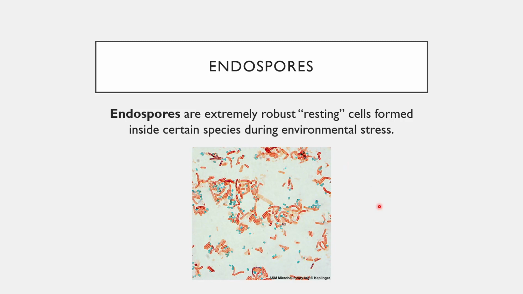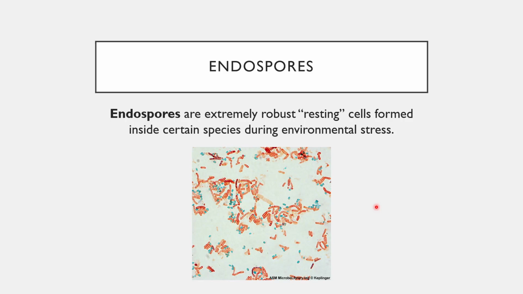As I said before, I like to call them the bacterial bomb shelters because they are tiny compartments that the cell synthesizes in order to store its DNA away and later allow that endospore to germinate and give rise to a new lineage of bacterial cells once the stressor has gone away.